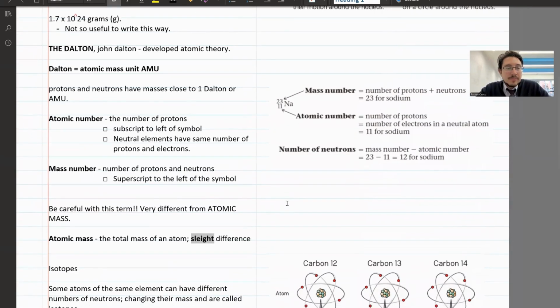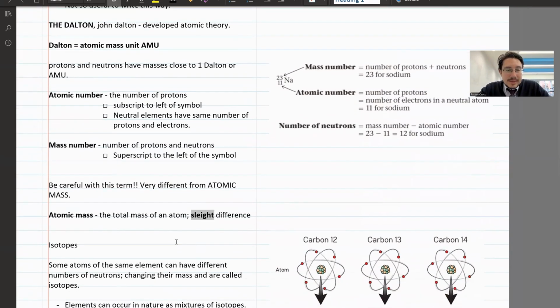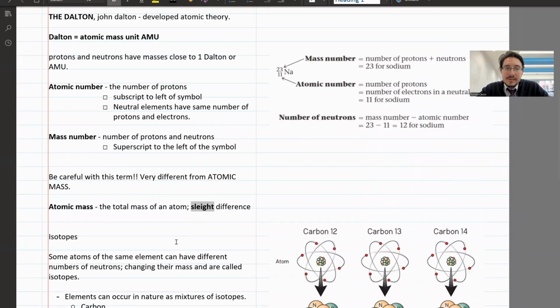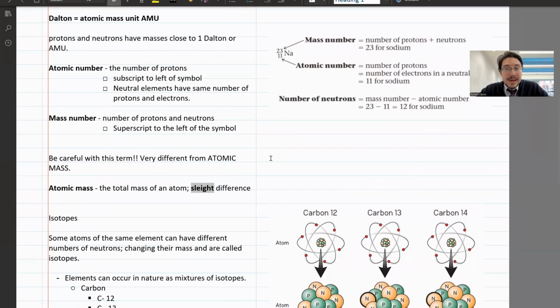Okay, so yes, atomic number is a fixed number. Mass number could change, right? But all in all, in conventional basic periodic tables, you have that fixed mass number, right? 23. Then you have something called atomic mass, which is much more defined.